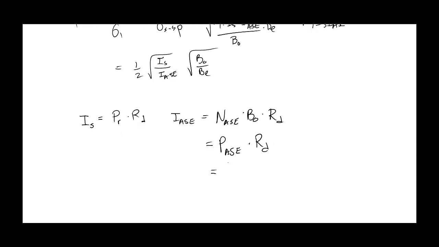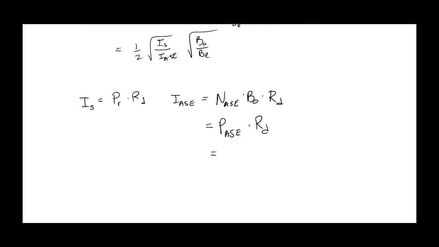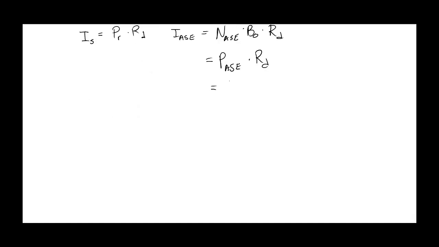And in this homework assignment, we're going to be given the ASE power specified in terms of a power spectral density at a reference bandwidth. So we'll call it the PSD of the ASE at a reference bandwidth. And so, of course, we're going to have to multiply that by the optical bandwidth in order to get the ASE power within the optical bandwidth times RD. Fine.